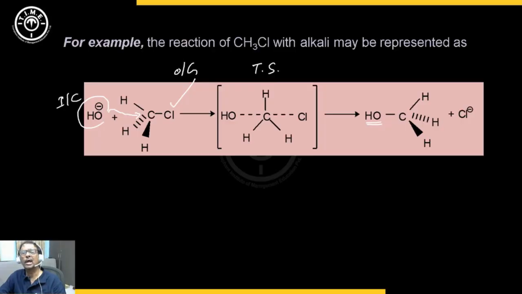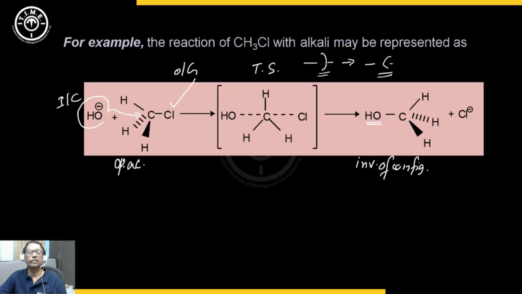So it is something like an umbrella on a windy day, right? Suppose the umbrella was like this, it will turn upside down on a windy day. So this is what is happening. There is an inversion. The configuration is getting inverted. But the word inversion is used only when it is a chiral substance, an optically active halide. If the starting material is optically active, then we can say that it has undergone inversion of configuration.